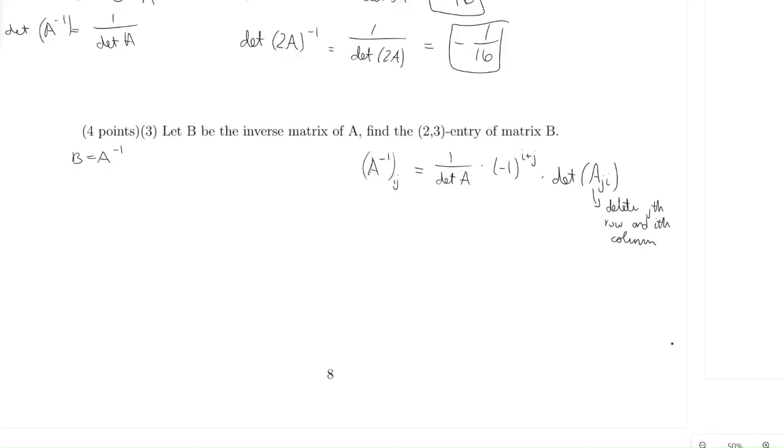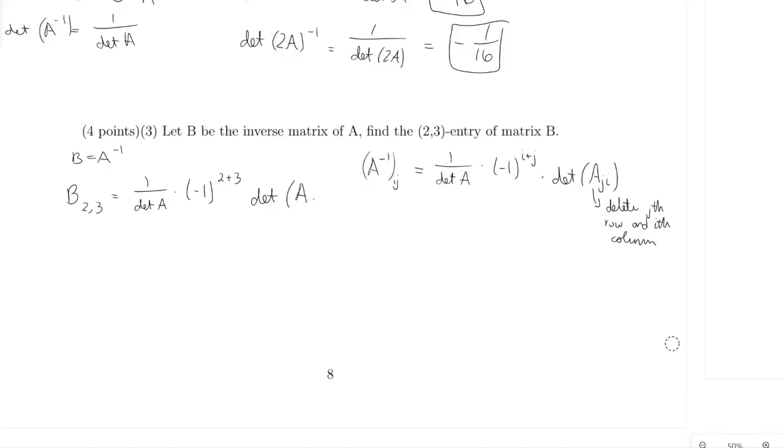So we'll be able to see that more clearly, but applying that here, the 2, 3 entry of B, which is the second row, third column, corresponds to 1 over the determinant of A times -1 to the 2 plus 3 times the determinant of A once you remove the jth row and ith column.